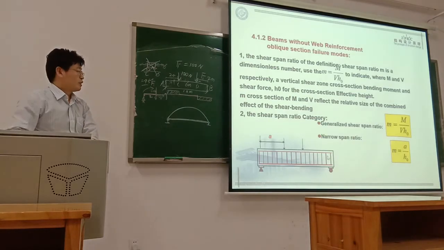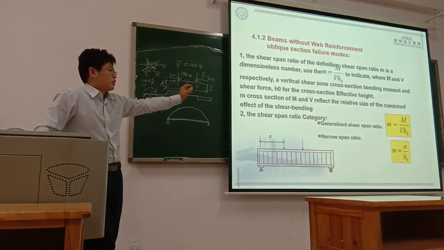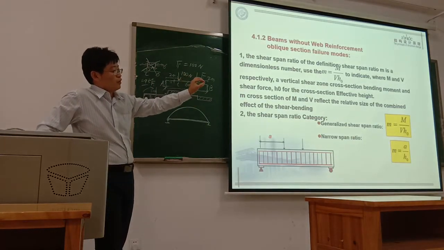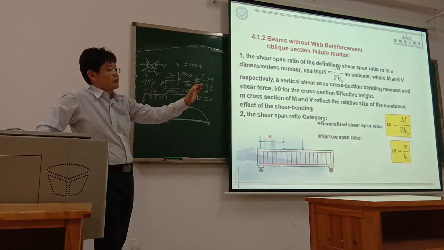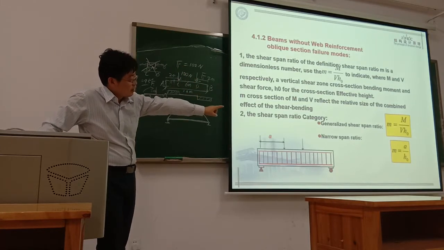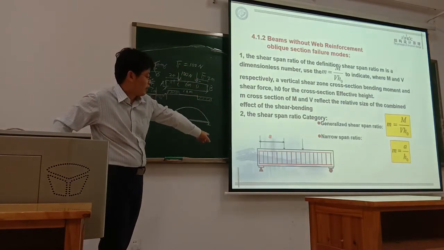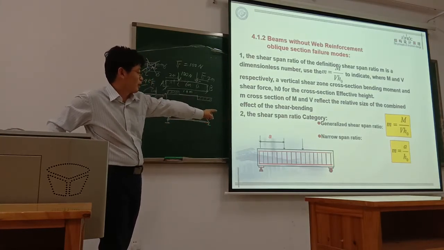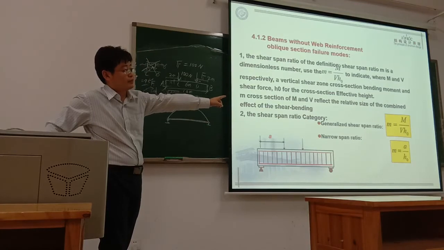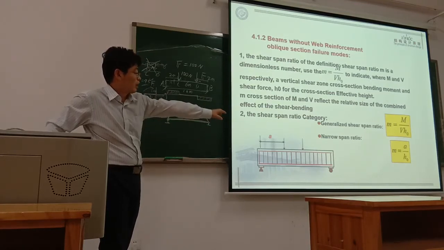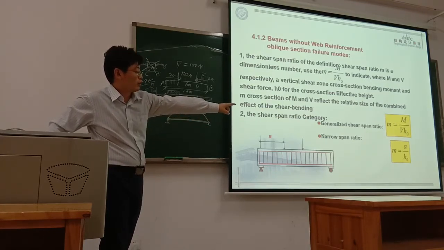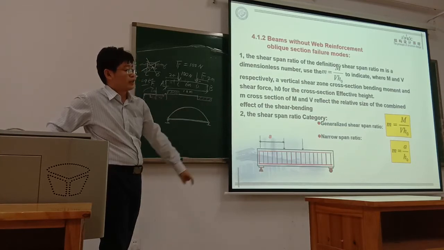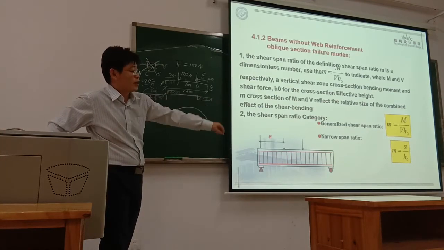Moment actually equals force multiplied by the arm. So that means a is the arm of the shear force: shear force V multiplied by a equals M. Sometimes we use a divided by h0 to calculate the span ratio.